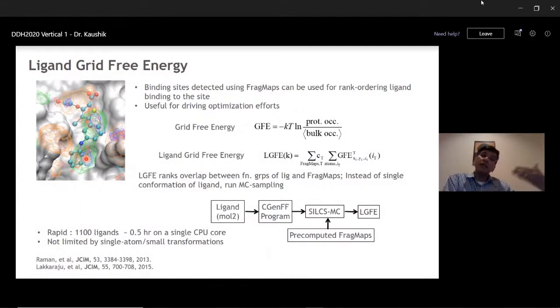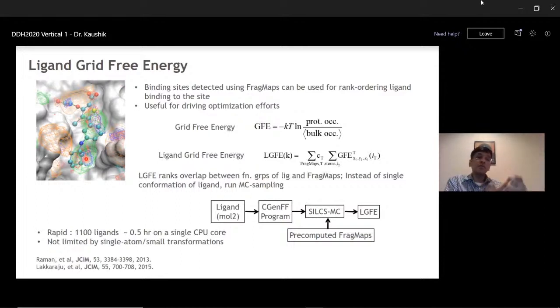On the other hand, in the SILCS-style approach, where you've pre-computed the fragment free energies, you no longer have those kinds of constraints or restrictions. In fact, you can bring in as dissimilar ligands as you want, and just evaluate how good an overlap exists between the functional groups in your ligand and the pre-calculated affinity patterns, which show how the different frag maps have decorated this pocket.